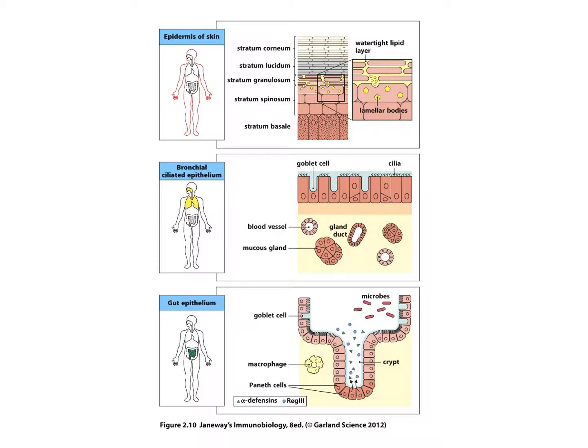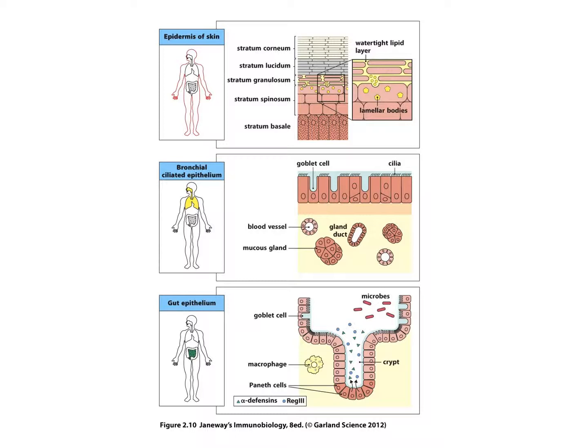As you get out, the bonds between the cells lessen, so you end up with lipids filling in the gaps. So you end up with a lipid layer here to keep fluid in, fluid out, and with the fluid out, also any microbes in the fluid.